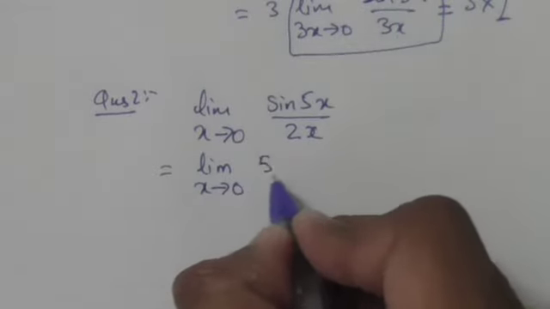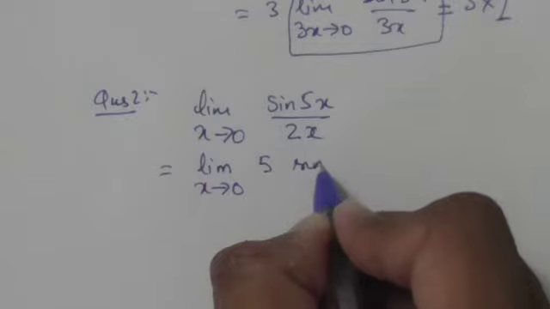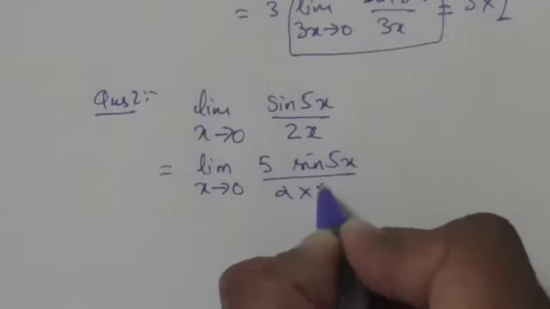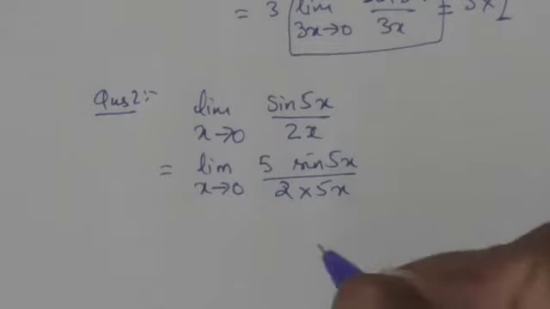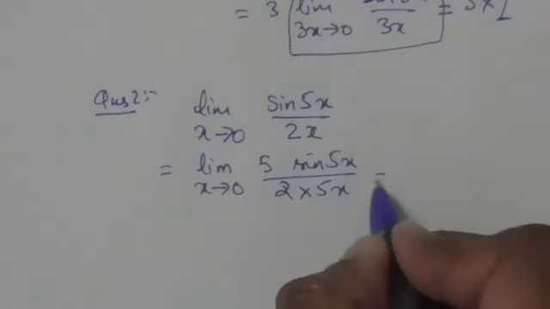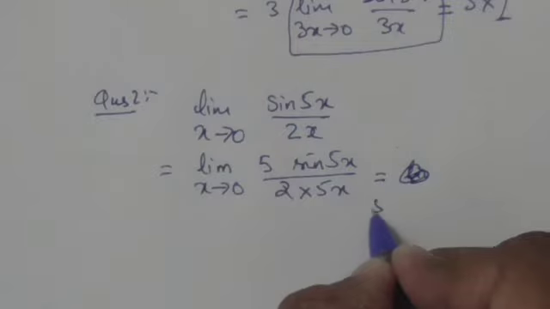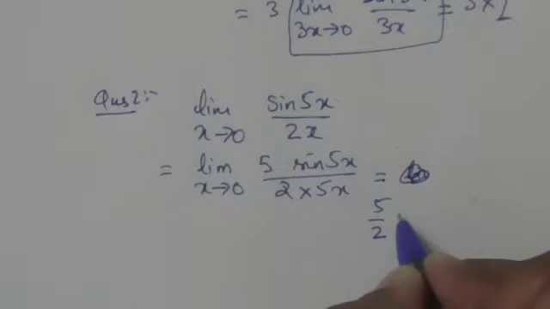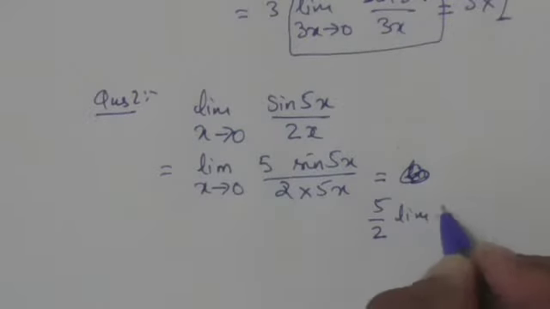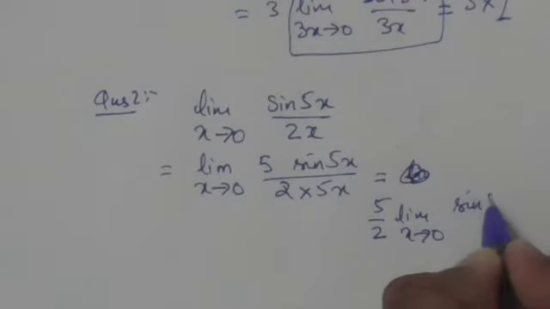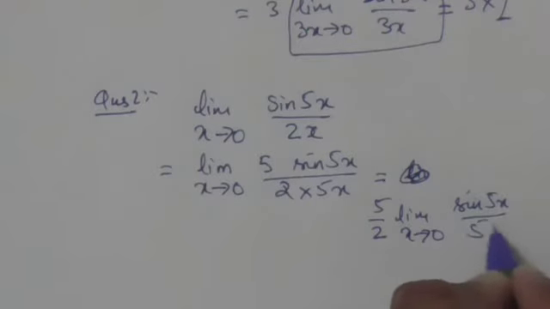So we will have 5 sin 5x upon 2 into 5x. So it will be equal to 5 by 2 limit x tends to 0 sin 5x upon 5x.